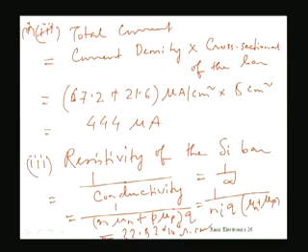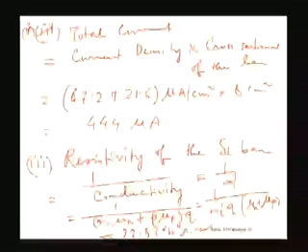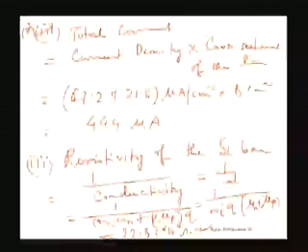Now we come to part B of the problem, in which you have to find the resistivity of the doped semiconductor as well as its minority carrier concentration. If you look into the problem, it is doped, and the doping impurity is an N type of doping material.